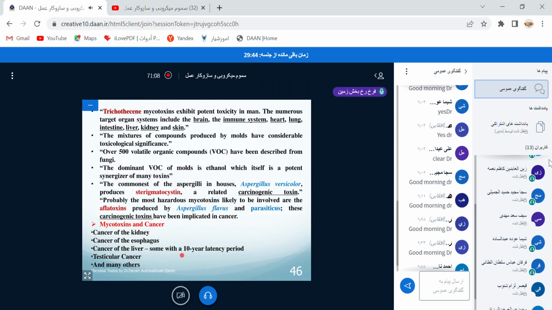Most of the cancers in people are related to food, the food which contains mycotoxins. So when we buy foods, we should try to buy from a good brand, a good company, which is under the control and monitoring of government.